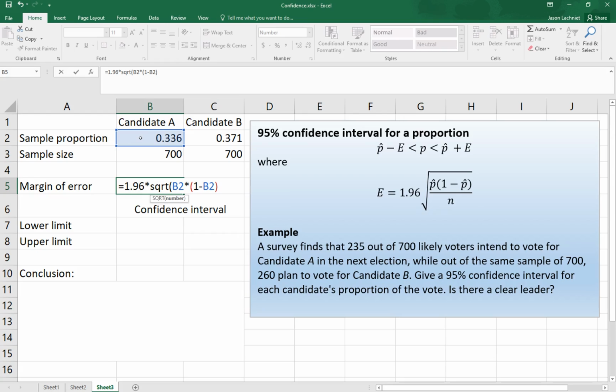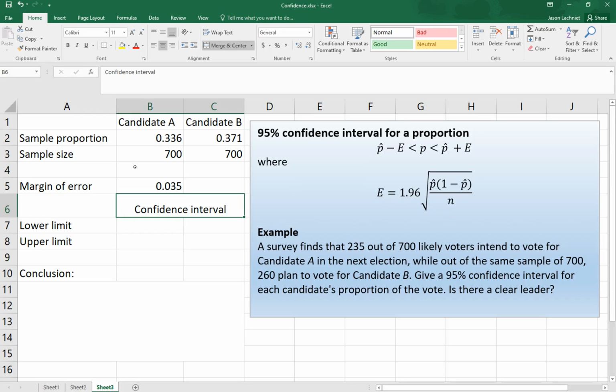Close those parentheses, and now divide by the sample size 700. Click on it in cell B3, close those parentheses, and altogether we have the formula equals 1.96 times the square root of open parenthesis B2 times open parenthesis 1 minus B2 close parenthesis divided by B3 close parenthesis.